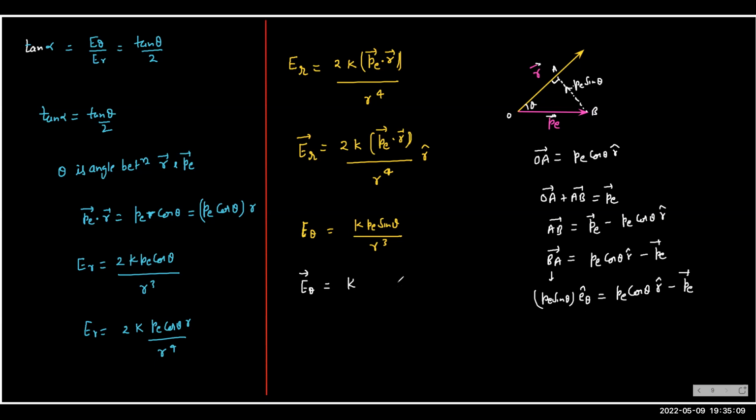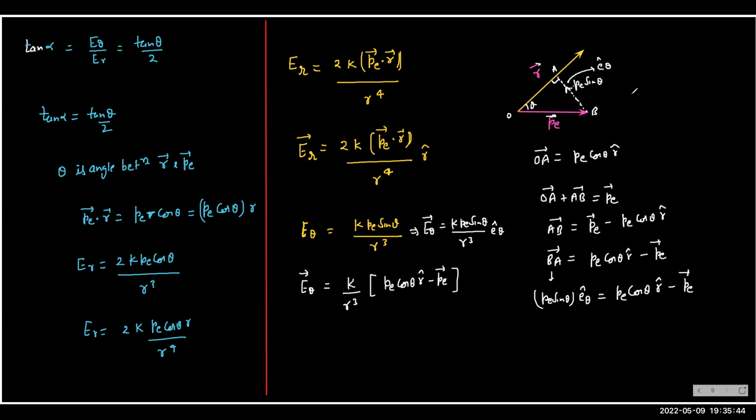Now we can write k by r cube, and the remaining we can write as k p cos theta r cap minus p. Is this clear? Basically, from here you can write E theta vector as kp sin theta upon r cube into E theta, right? Yes, sir. This arrow is E theta, if you remember.